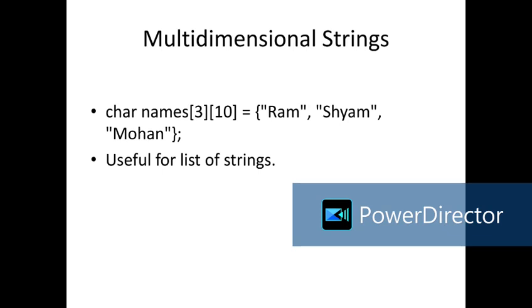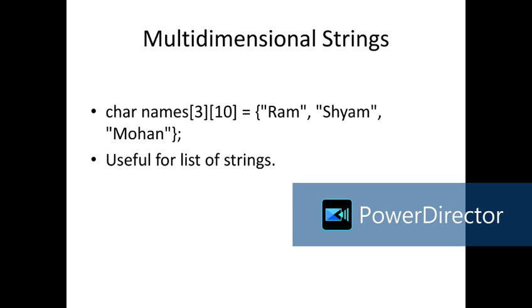For example, here's how you could store a list of names: char names[3][10] = {"Ram", "Sham", "Mohan"}. This is a two-dimensional array. The first dimension, 3, represents the number of strings and the second dimension, 10, represents the maximum length of each string.